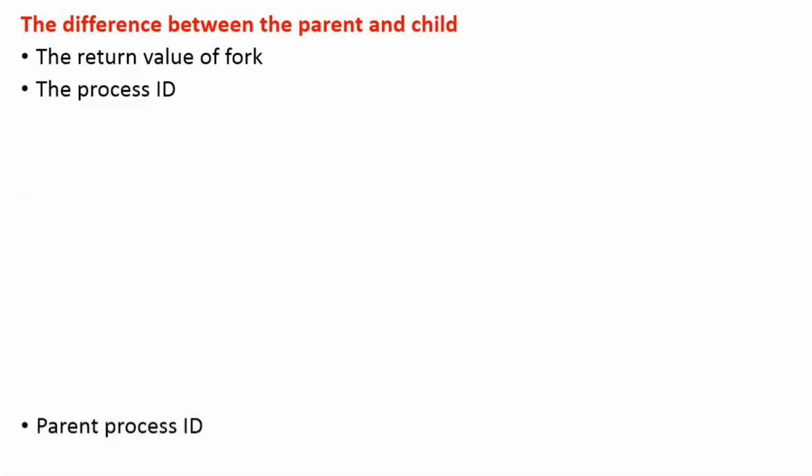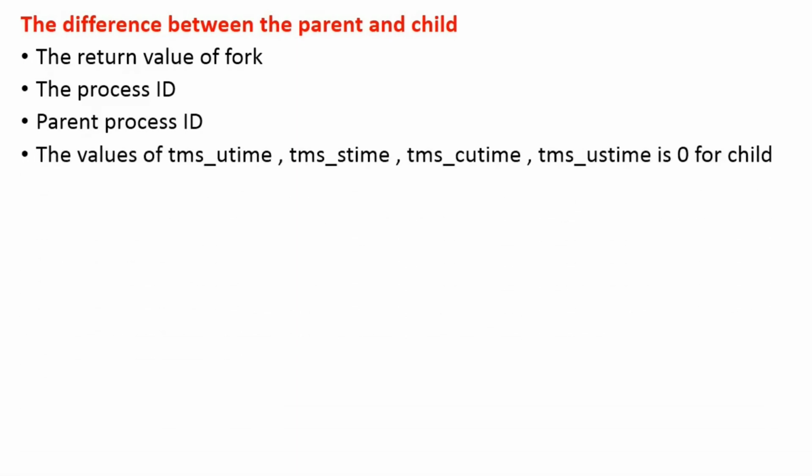The difference between the parent and the child. The first difference is the return value of the fork. The return values are different for parent and child. The process IDs are different, and the parent process IDs are different, as are the values of user time, system time, and current CPU time.